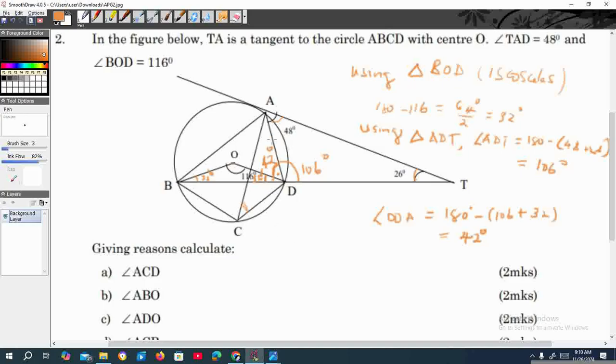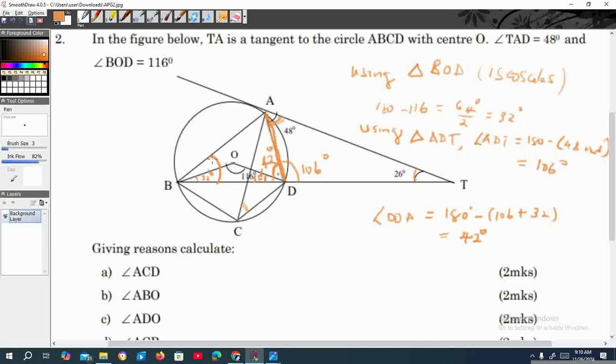So looking at angle ADT and angle ABD, they are angles on the alternate segments of a circle because they are subtended by this chord AD. So this angle will be 48, because this angle here is 48.